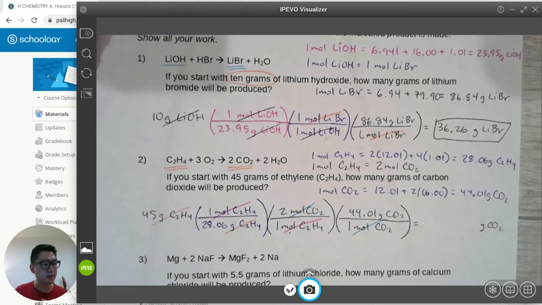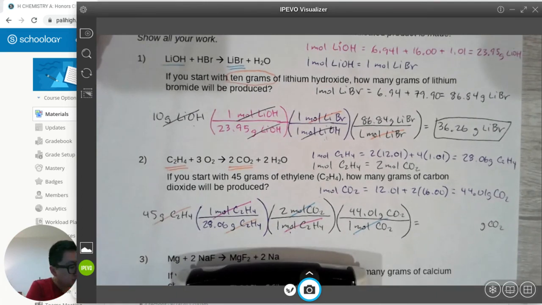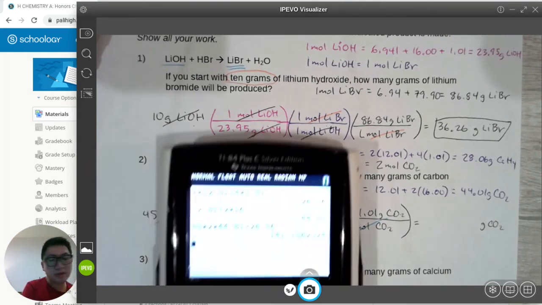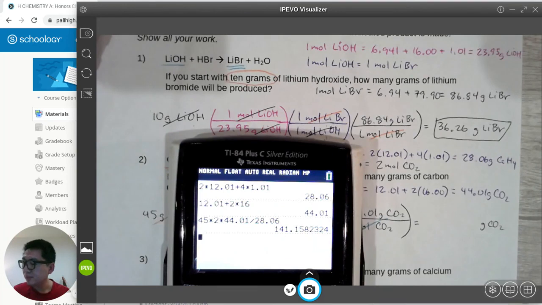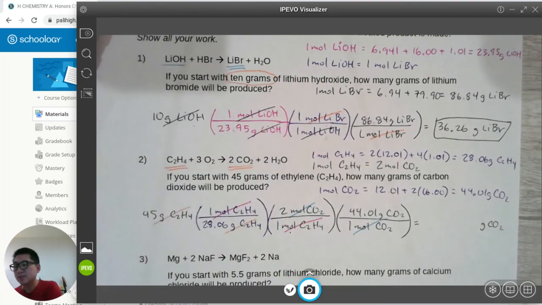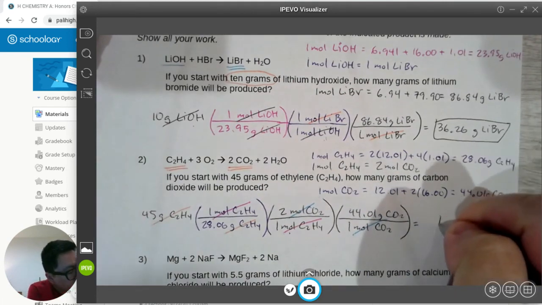I had to type it in a calculator: 45 times 2 times 44.01 divided by 28.06. On my calculator, I got 141.2. I'm rounding. So 141.2.